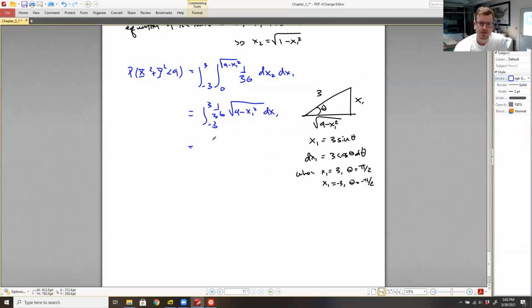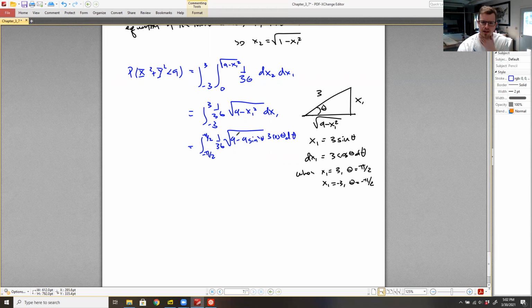All right, so this is going to be equal to the integral from negative pi over 2 to pi over 2 of 1/36 times 3, well, actually, let's just plug it in so we can see what's going on here. I'm going to have the square root of 9 minus x1 squared being the square root of 9 sine squared theta... actually 3 cosine theta d theta.